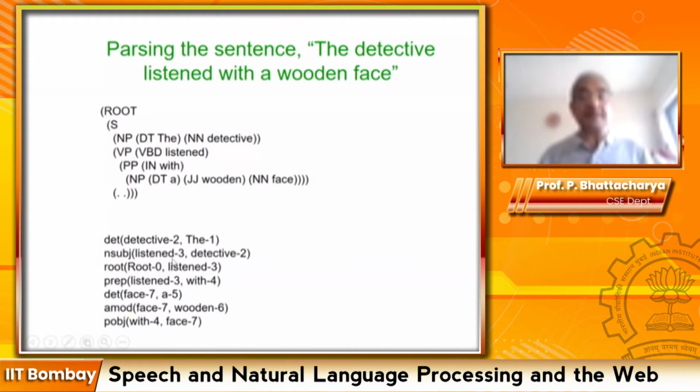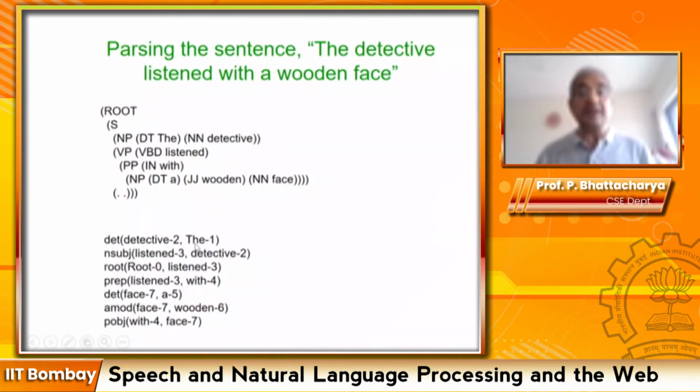Another kind of parsing is called dependency parsing, which produces a graph-like structure. This also begins with a root, and here the main entity is the main verb of the sentence. In this sentence, you can see listened is the main verb. And who listened? Detective. So nsubj, the subject of the sentence is detective.